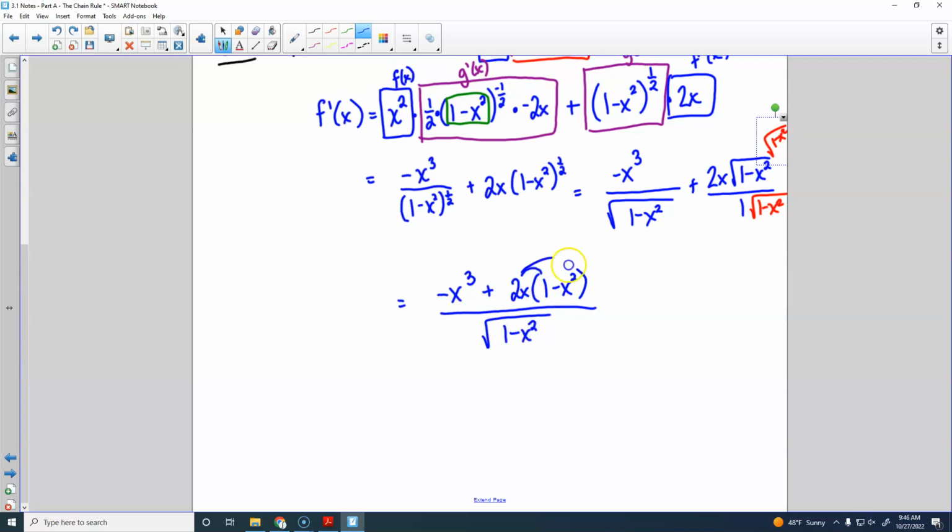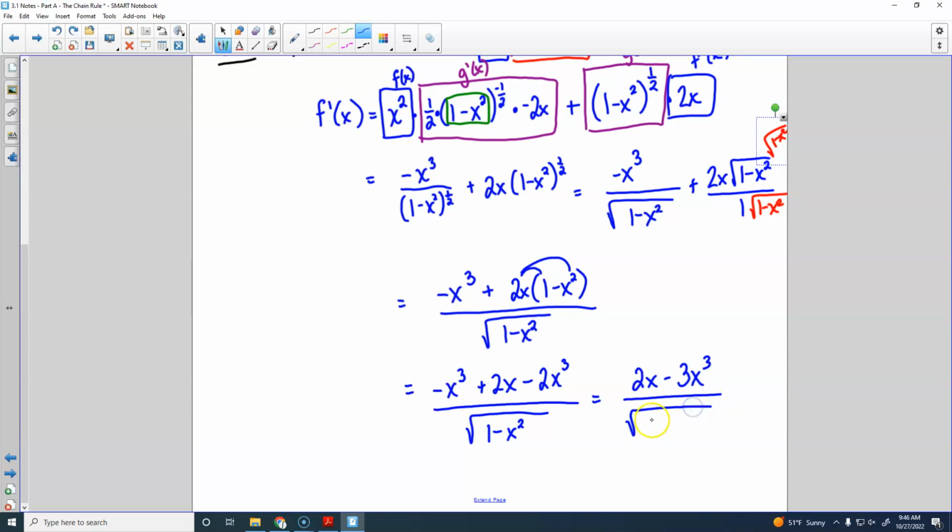And so I can distribute here: negative x to the third plus 2x minus 2x to the third all over the square root of 1 minus x squared. And so that is going to give me, they'll probably write it this way, 2x minus 3x cubed over the square root of 1 minus x squared. And so that would be my answer.